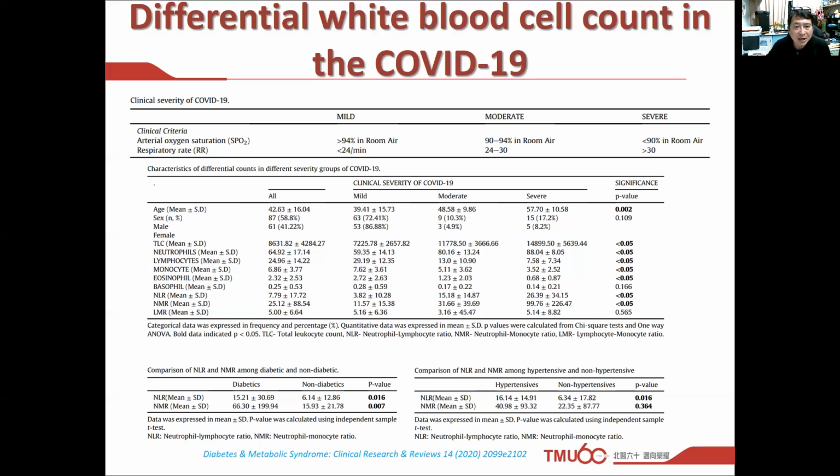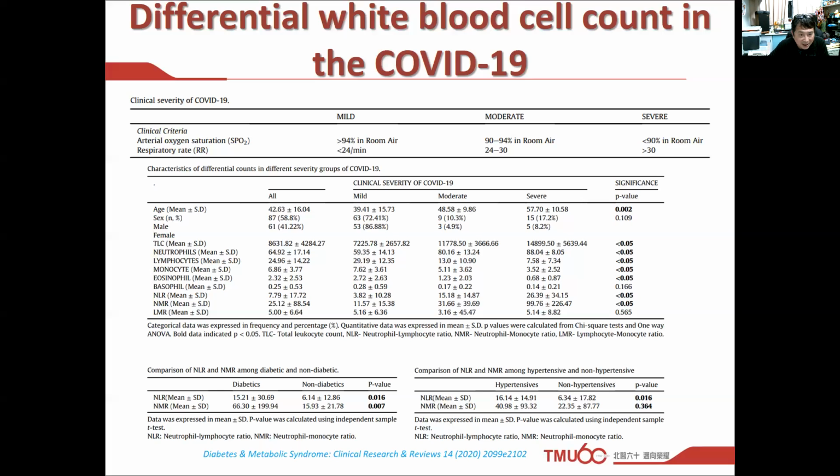I'm sorry. For the mild symptom it is 63 and 53, and actually there's no sequence. So for this disease, gender doesn't play a major role, but age, yes, it does.